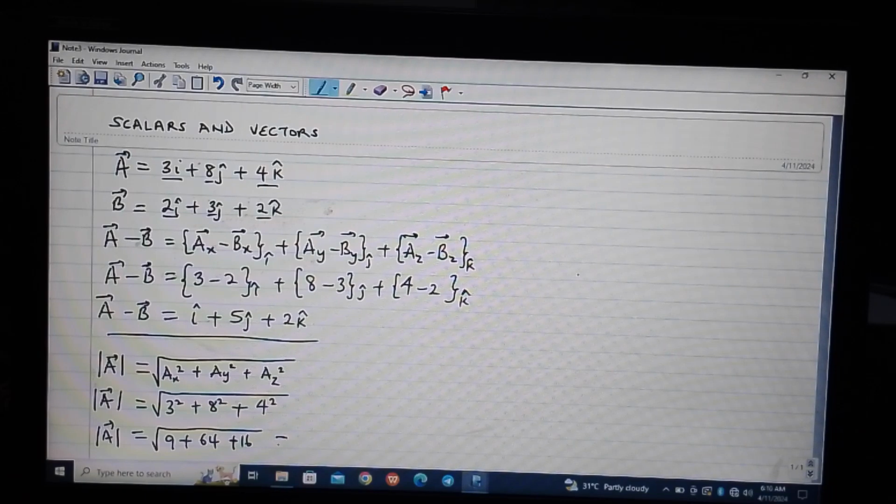So this gives us square root of 89. So that the magnitude of A is equal to 9.43 units.